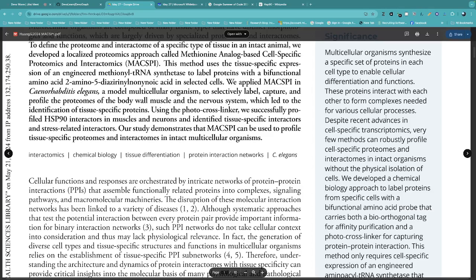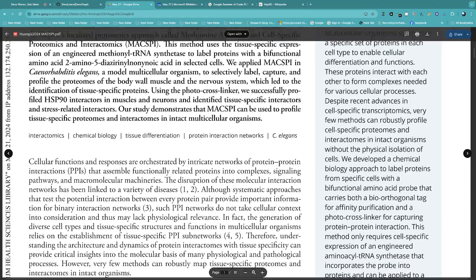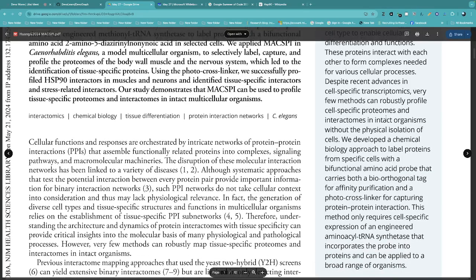As we differentiate from one cell type to another, our cell processes change, and the complement of proteins changes with that. So if we can monitor the proteome, and especially these protein-protein interactions, we can get a better handle on what proteins are involved in specific cell type differentiation. And there are very few methods that can really robustly profile cell-specific proteomes.